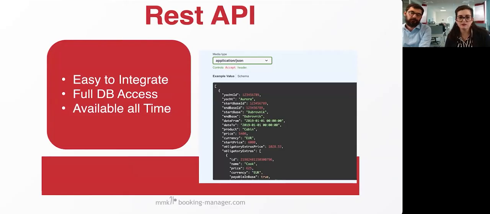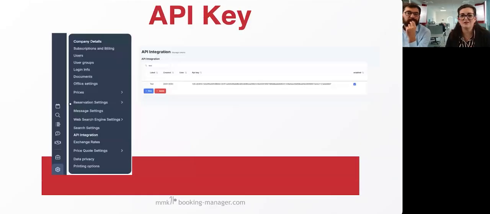You have access to the full database, and it's available at all times. So you have different calls, and I will now give the time to my colleague to introduce how to get the API key from our web, what the most common calls are that you might be using, and a few tips and tricks.